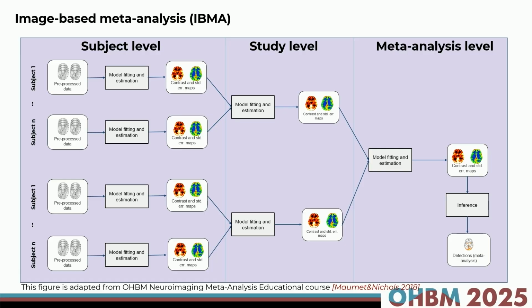And that will give us the contrast and standard error maps at the study level. Finally, at the meta-analysis level, we put all of these study-wise maps through the third level model fitting and estimation. And that will give us the final overall contrast and standard error maps, followed by the inference to identify the robust activations.